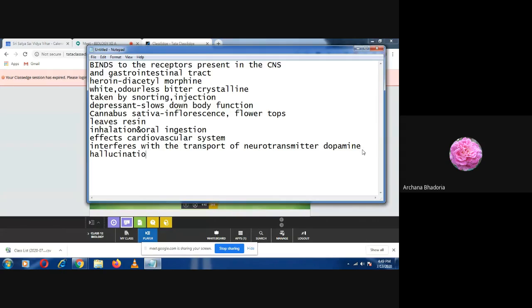Excess doses of the coca alkaloids cause hallucinations. Hallucinations mean, children, that the person will see what is not there. The person is lying on the bed sleeping and will feel that he is flying in the air. So they go into their own world of imagination. That is what we call hallucinations.